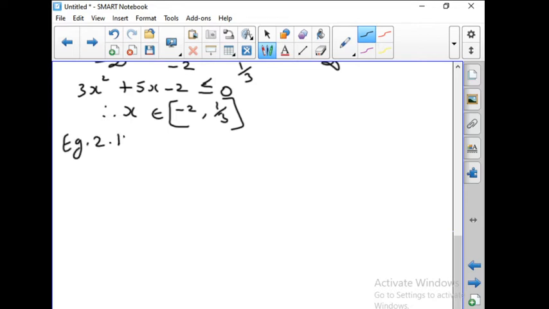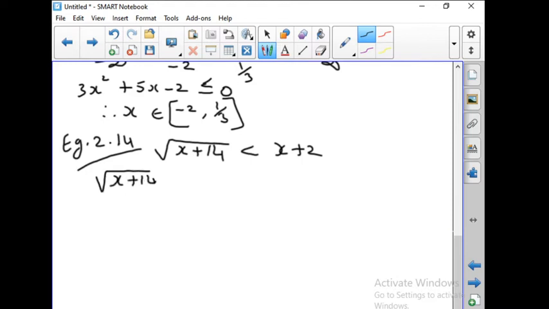Example 2.14. Solve square root of x + 14 less than x + 2. Okay, so this root x + 14 is defined when x + 14 is greater than or equal to 0, because we are having square root.